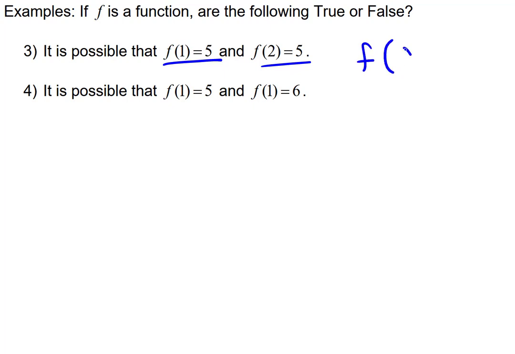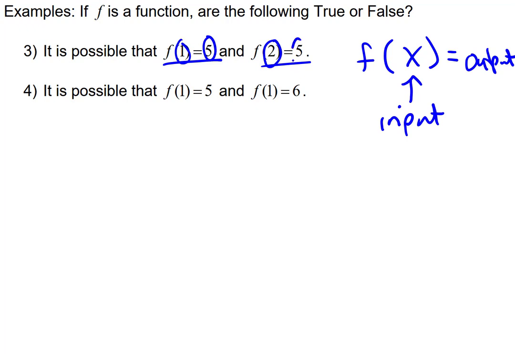When I say f of x, we're referring to x as the input and whatever it's equal to as the output. Well, in this case, when we say f of 1 equals 5, that means when 1 is the input, 5 is the output. And then it says, secondly, f of 2 equals 5.